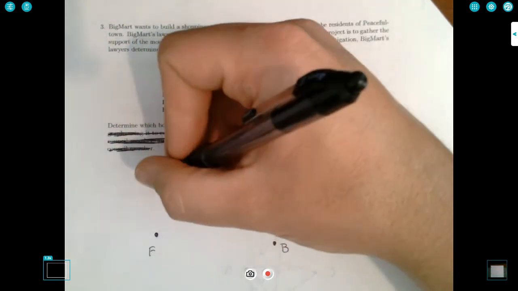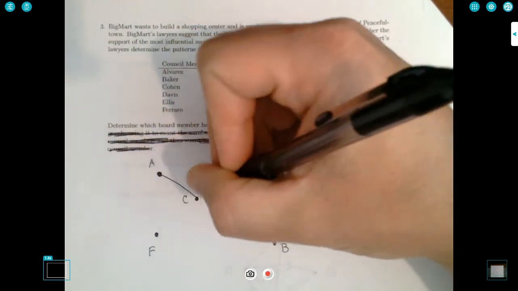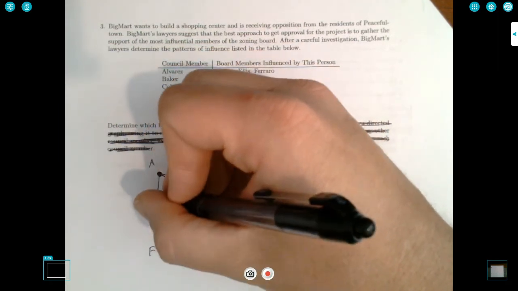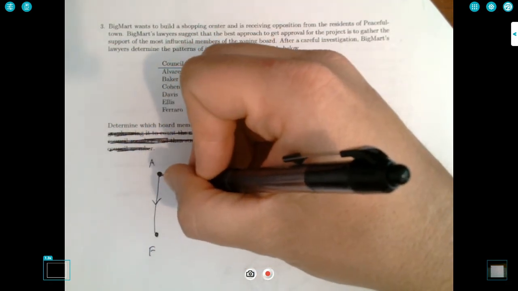Okay, so let's see. A has direct influence over C, E, and F. So those are all going in that direction.